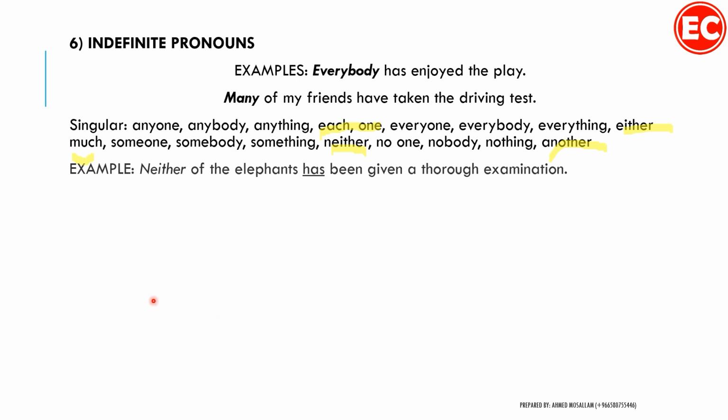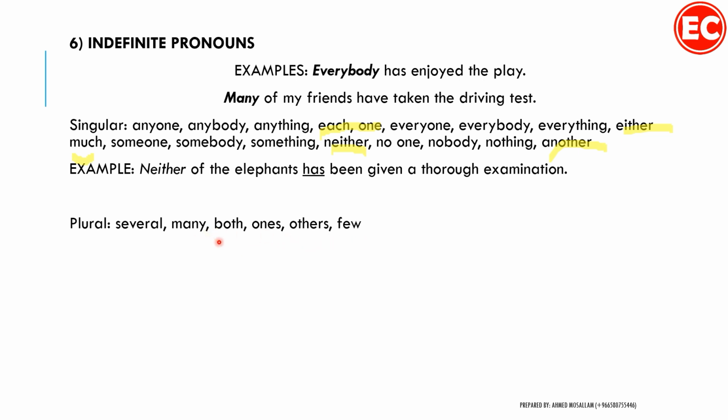Look at the example here. Neither of the elephants has been given a thorough examination. So here we don't have or nor, right? So neither, when it comes alone, is always singular, and either is the same. Other words which are plural are several, many, both, others, few.